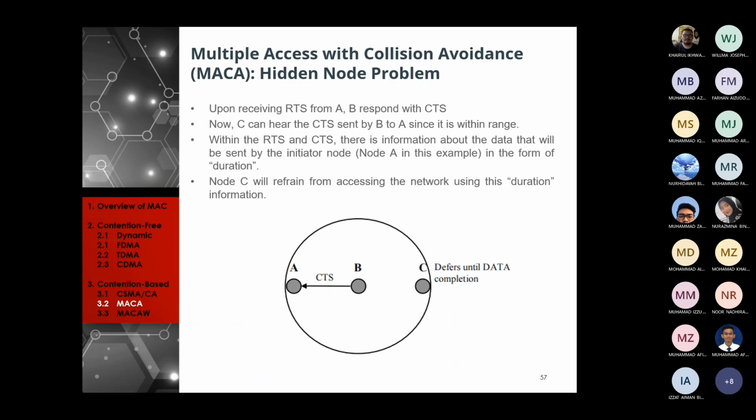Now C can hear the CTS sent by B to A since it is within range. Within the RTS and CTS, there is information about the data that will be sent by the initiator node ataupun node A in this example in the form of duration. Node C will refrain from accessing the network using this duration information. Okay.